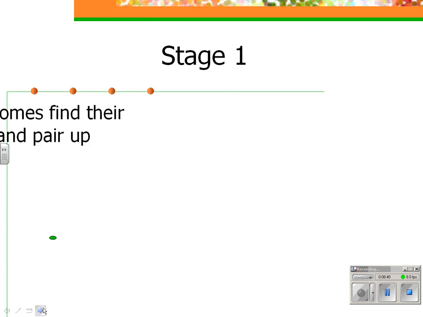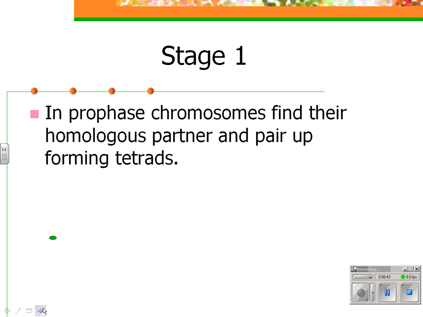Okay, so stage one of meiosis is a little bit different than stage one of mitosis. In meiosis, in prophase, chromosomes find their homologous partner and pair up, forming tetrads. What does that mean? Well, that means chromosome number 1 is going to find the one that looks just like it and get right next to it.